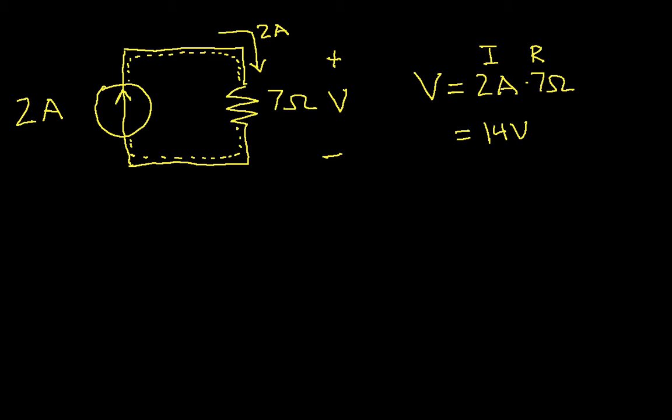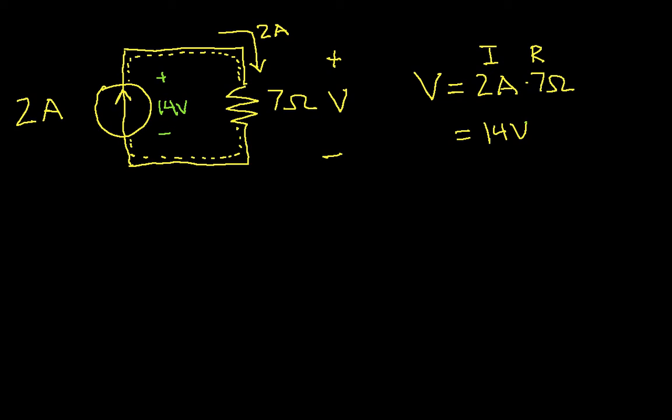And what that means, in order for the current to be 2 amps through the resistor, is that this current source is also going to have 14 volts across it. And again, the current source is going to do whatever it has to make the current through that resistor be 2 amps. In this case, it has to have a voltage across itself of 14 volts.